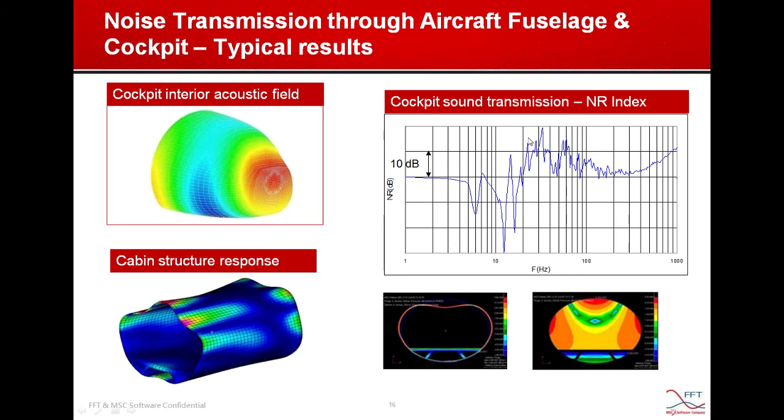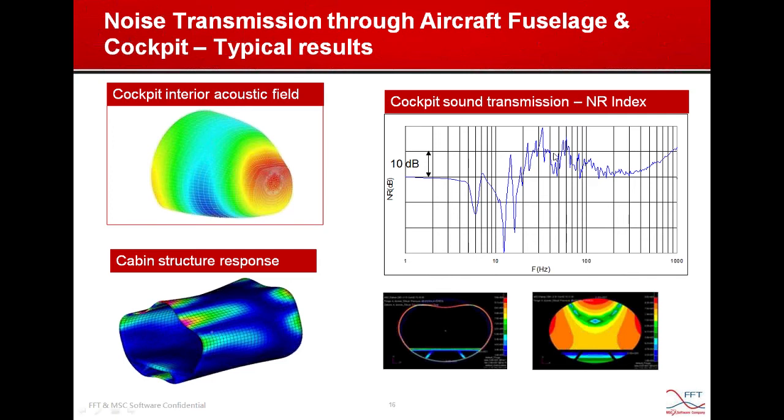We are mainly interested in the noise reduction, or NR, in such a problem. So the NR is the ratio between the incident acoustic pressure on the exterior and the resulting acoustic pressure in the interior cavity domain.